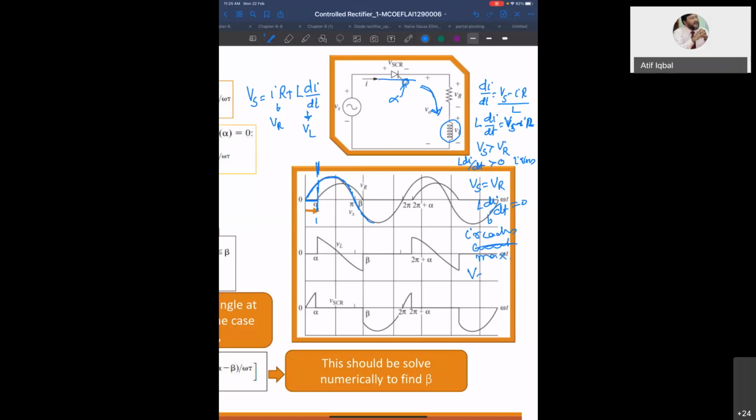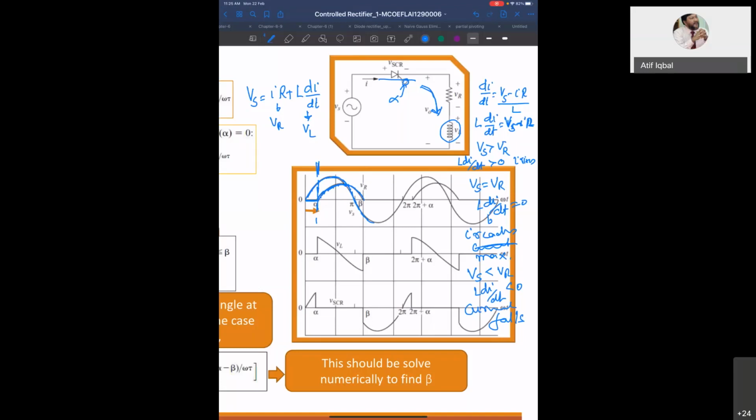And when Vs becomes less than VR, L di by dt is negative and the current falls. So these are all the steps. You see here, this is your IR, that is the voltage drop across resistance.